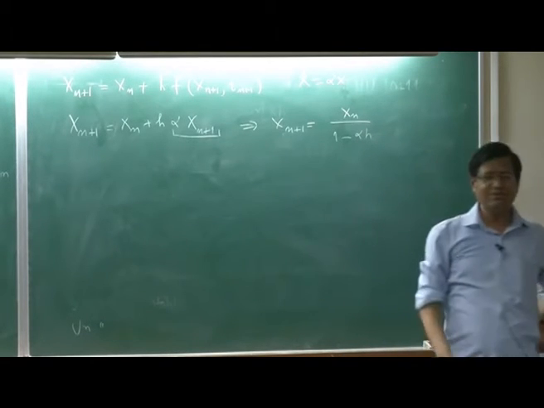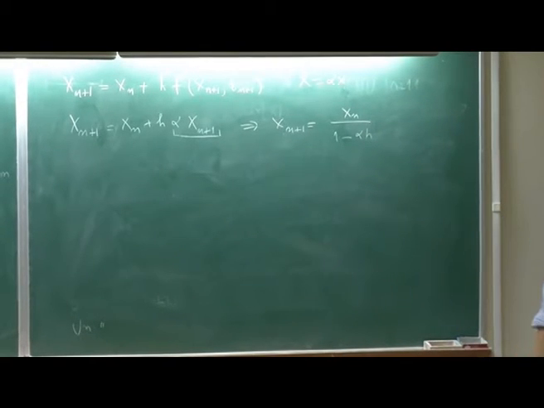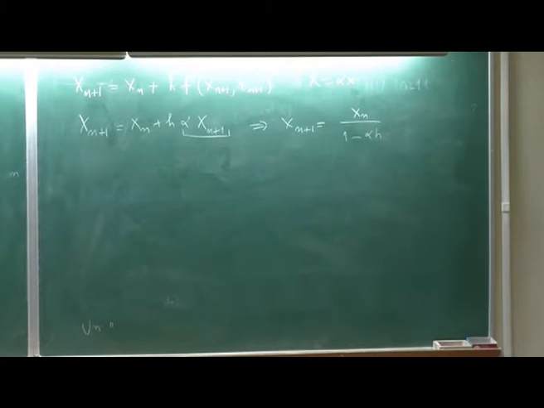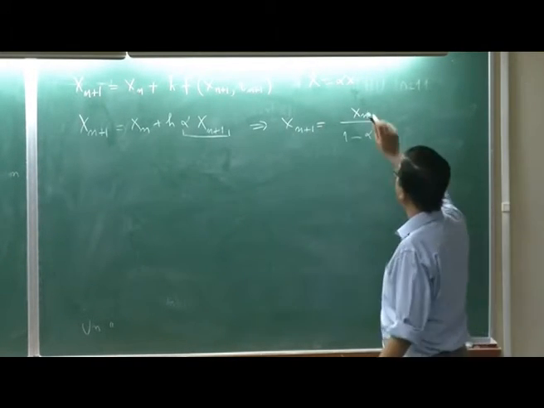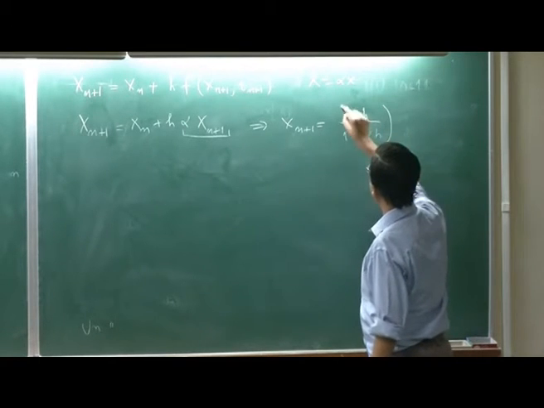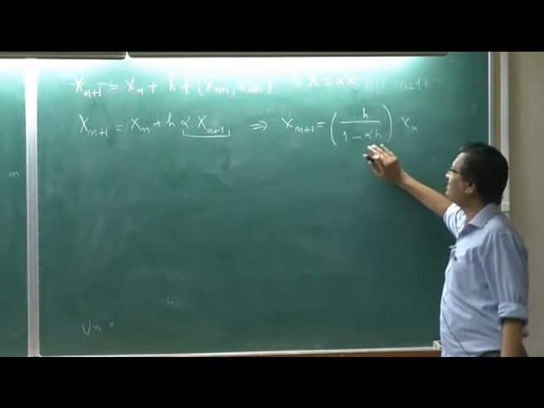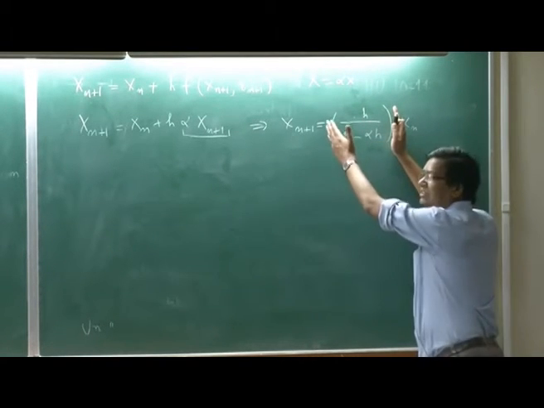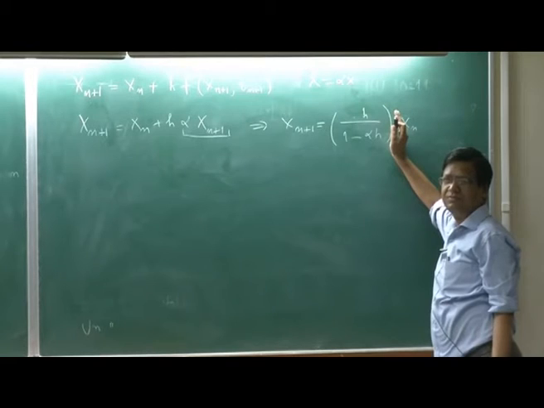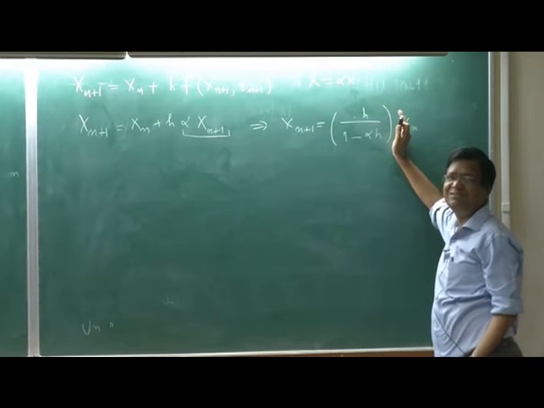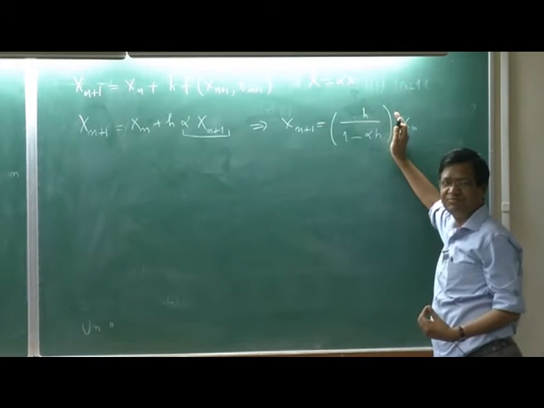Now, is this equation stable? Remember the problem is when alpha is negative. So, is this equation stable or unstable for alpha negative? Alpha is negative, so whatever h I choose, this quantity is guaranteed to be less than 1 as long as alpha is negative.